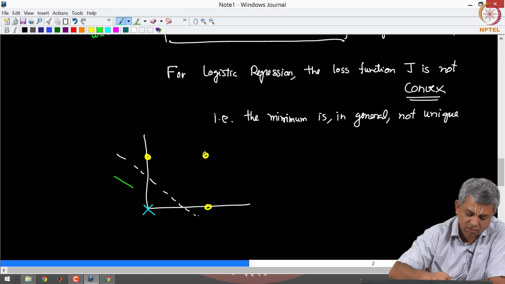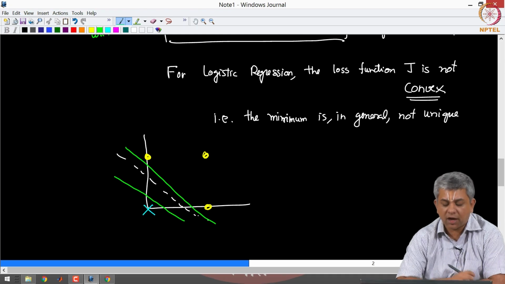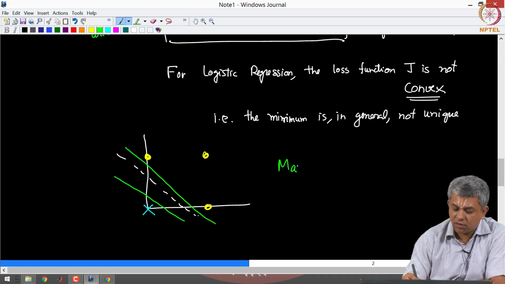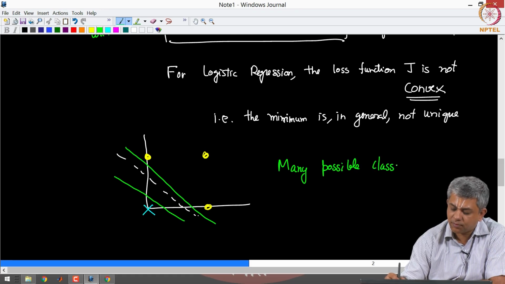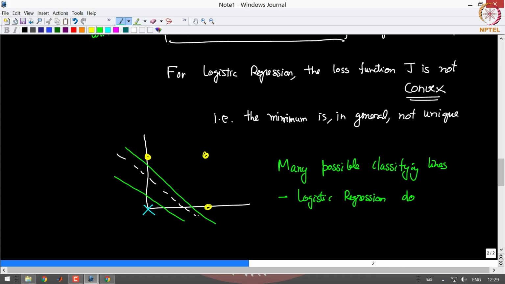Even this line functions as a classifying line, this line functions as a classifying line. So, there are many possible classifying lines. So, logistic regression does not give unique solutions.